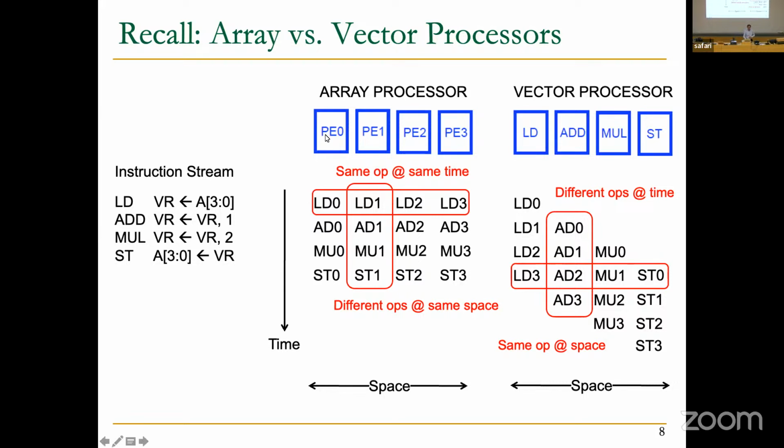Except an array processor has much more powerful processing elements where each processing element can do any operation. And this way, you can execute the same operation at the same time on all processing elements on different data elements, different data inputs. You can see that at a given time, all the processing elements are executing loads in the first cycle, adds in the next cycle, multiplies in the next cycle, and stores in the next cycle.